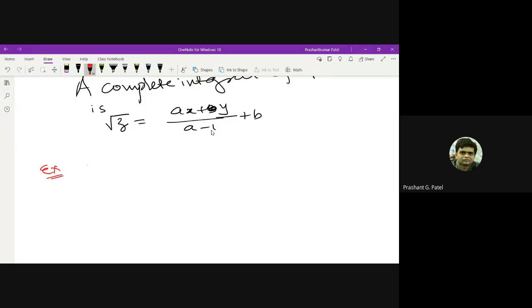Okay, let us have another example. Let us say f(x, y, z, p, q) = (z - px - qy) - p² - q² = 0. This is the differential equation.